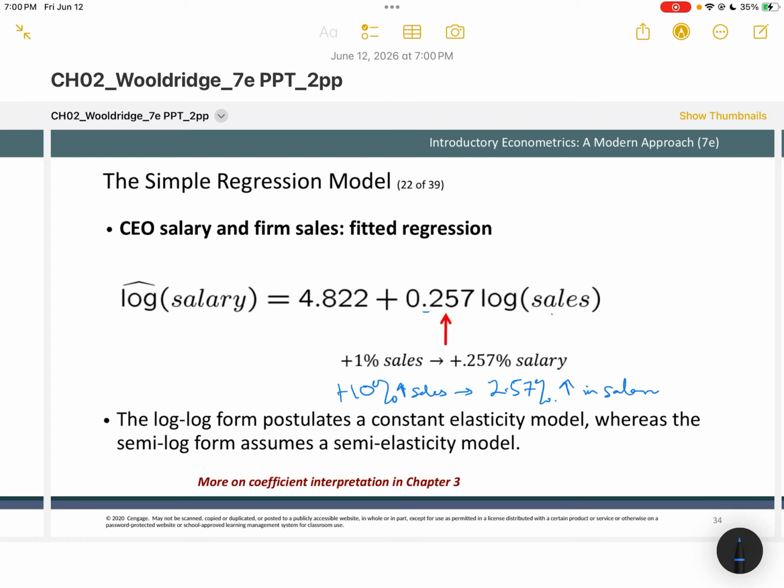Do you see what I just did there? Pause and take another look. For every 1% change in sales, salary changes by 0.257% on average. Now, for every 10% change in sales, salary increases by 2.57%.